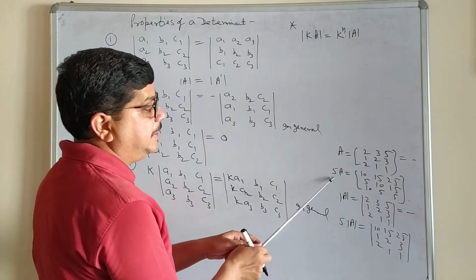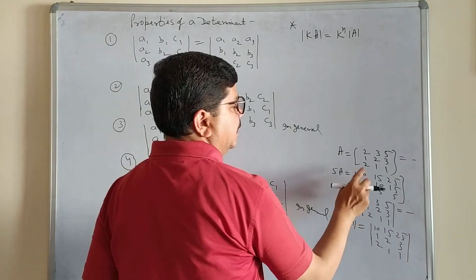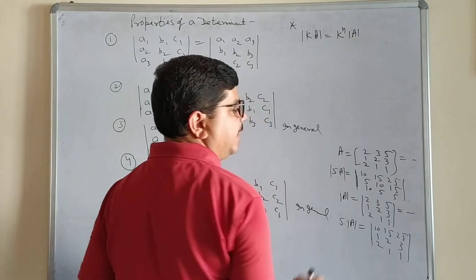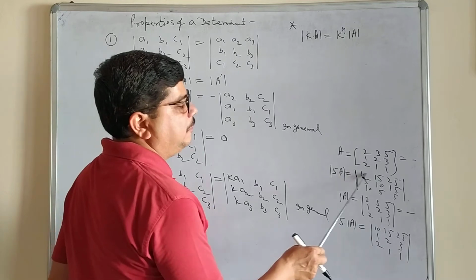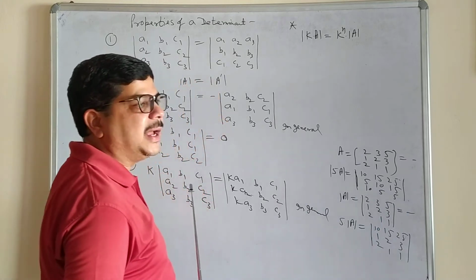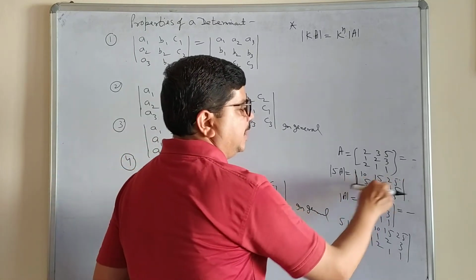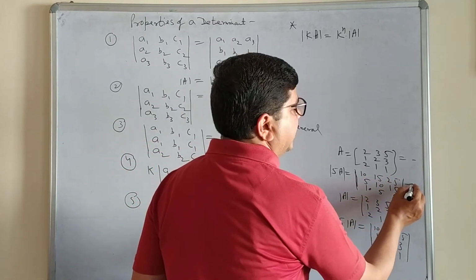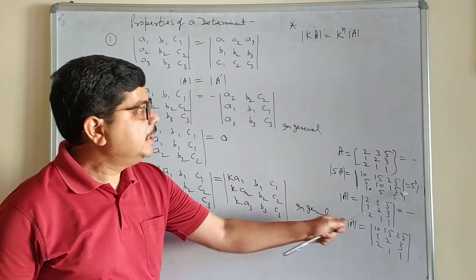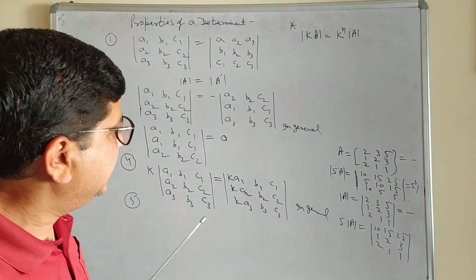Now determinant of 5 times A, if I convert this matrix in the form of determinant, and I calculate determinant of 5A. Now, what is common from first row? 5. From second row? 5. From third row? 5. Alright, from first row 5, 5, 5, or column wise also. So, 5 common, 5 common, 5 common, it becomes 5 power 3 common, and that will be determinant A. So, this property: determinant of kA equal to k power n times determinant A.